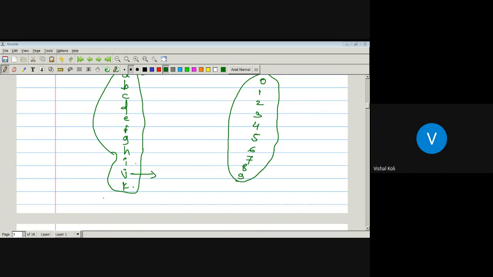So there is one element in A which has no image. As it is a function, it must have an image. So this K must be mapped onto any of these 10 elements. So there must be at least two elements in A which have the same image in set B, and the difference of those two elements must be divisible by 10. Is it clear? Yes, sir.